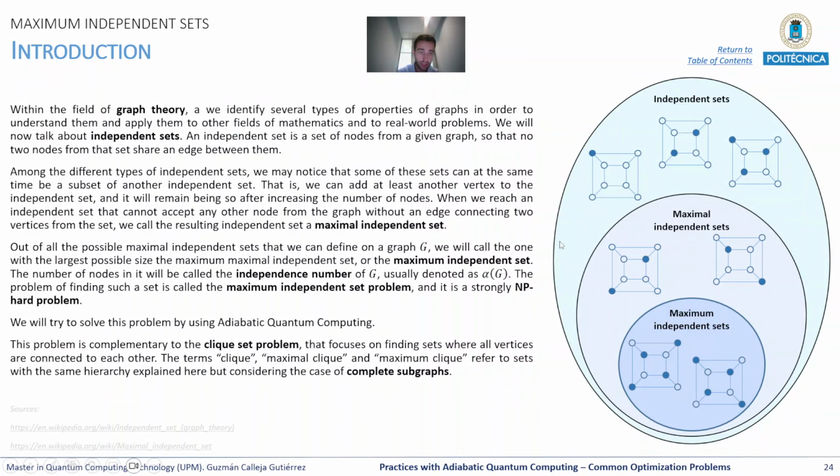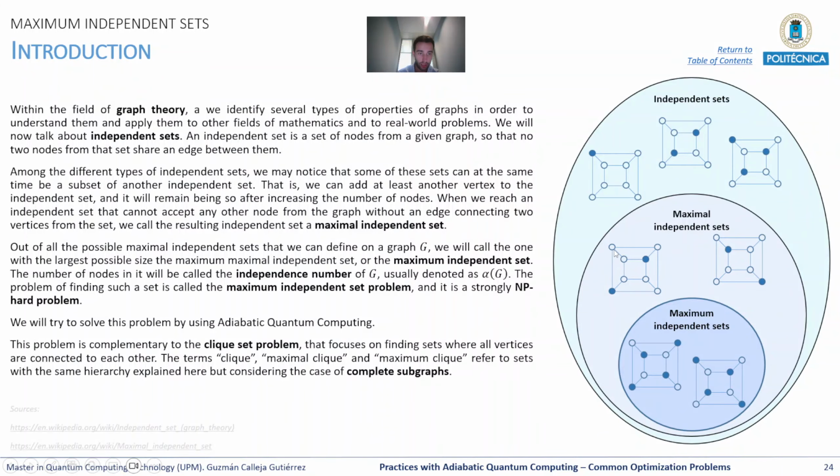So as you can see here in those two examples, these are maximal independent sets for this kind of graph for two nodes. If we add a single additional node, we can see here that it would be connected.